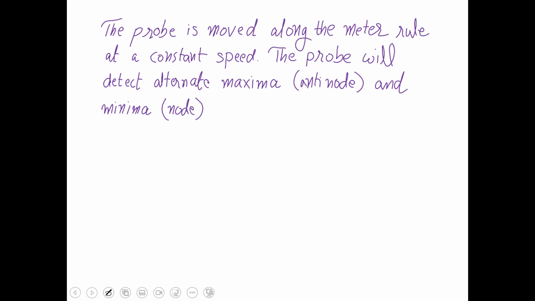The probe will detect alternate maxima and minima, antinode and node. You have to copy this.